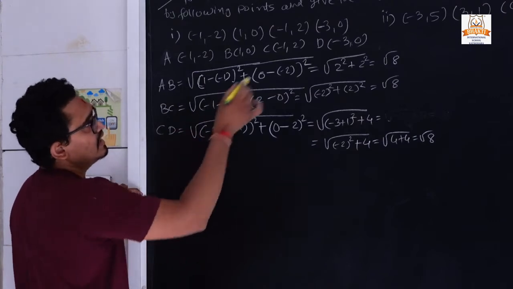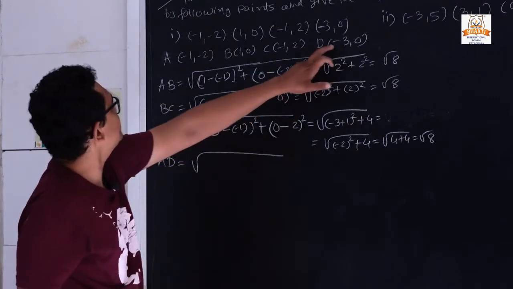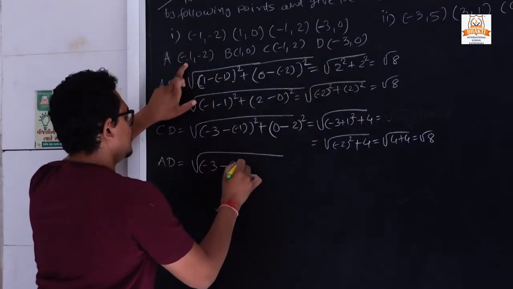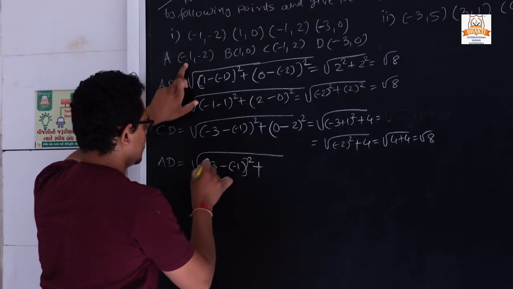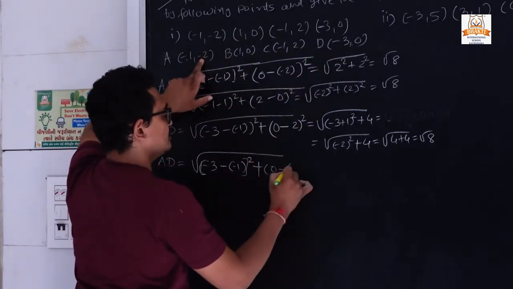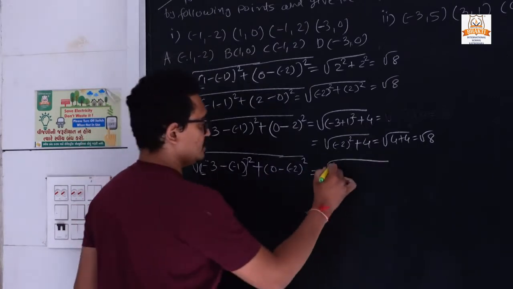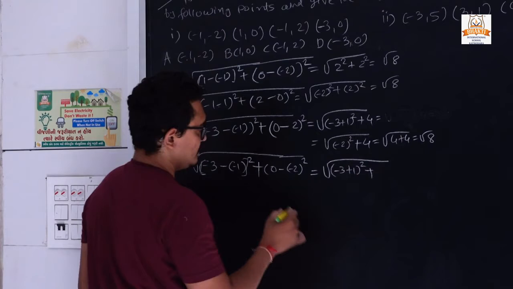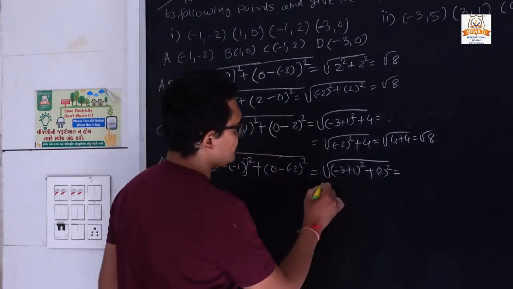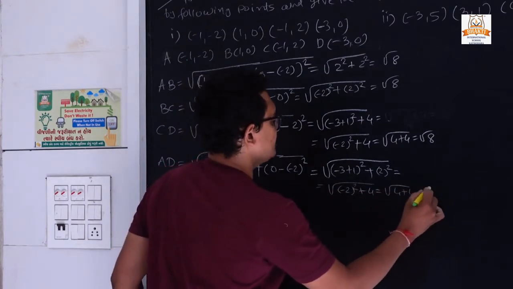Now the last side, AD. Using x2 minus x1 all square plus y2 minus y1 all square, and simplifying the signs, 4 plus 4, so it will be root 8.